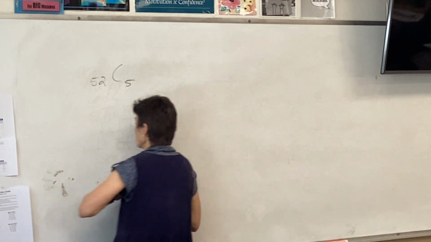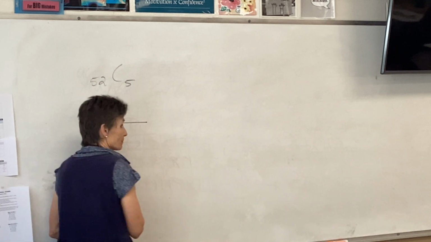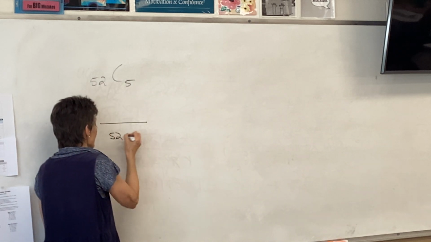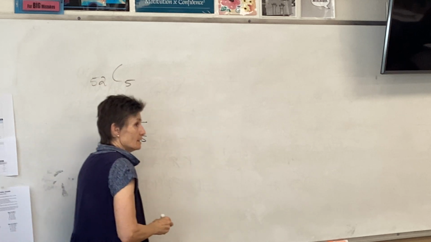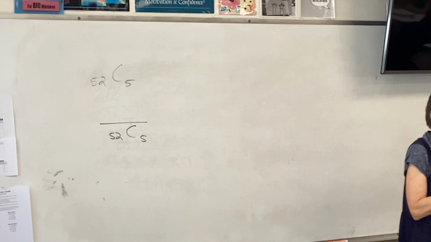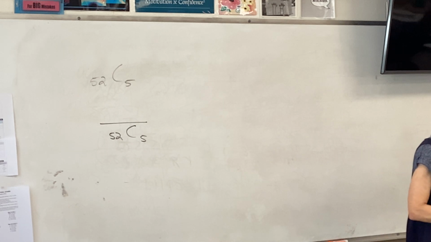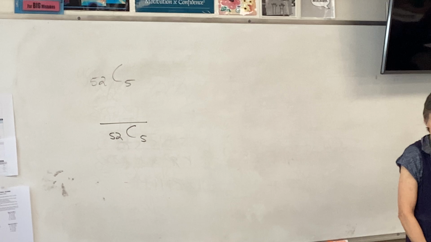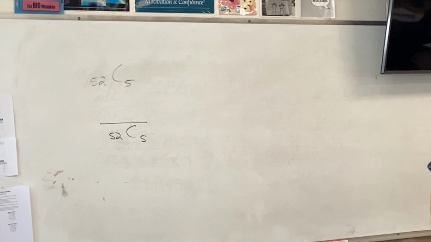Probability is a fraction, and the denominator of that fraction is going to be 52C5. Why? Because that's how many total possibilities there are. So any problem where you are talking about probability for a 5-card hand, the denominator will be 52C5.